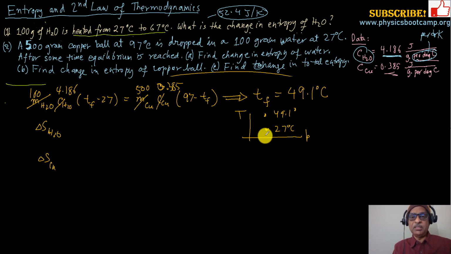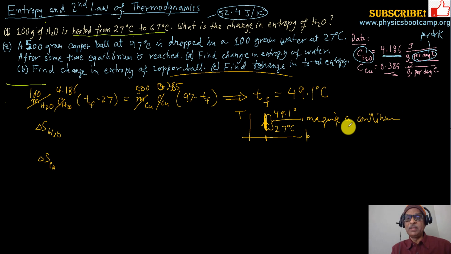And I think it was at constant pressure. So we just went from here to here. We can imagine a continuous process. This is not how the original process may have gone, but imagine a continuous process for calculating delta S, okay? Because for this we need reversible.